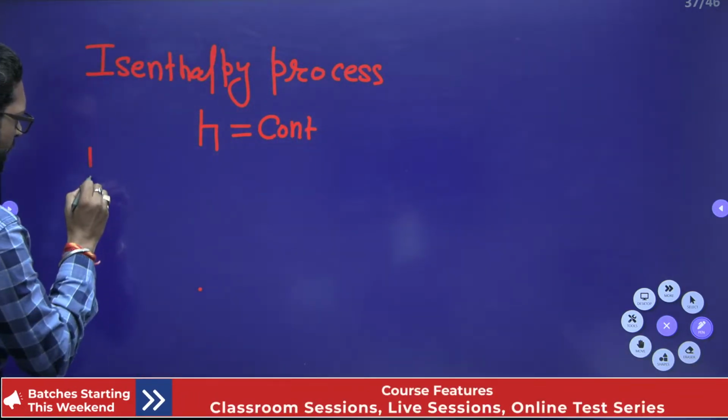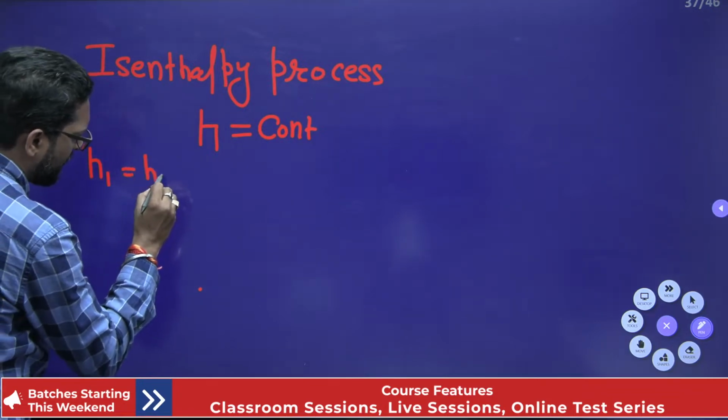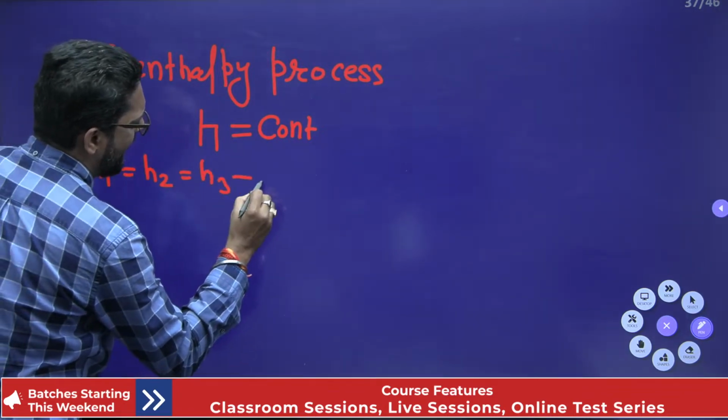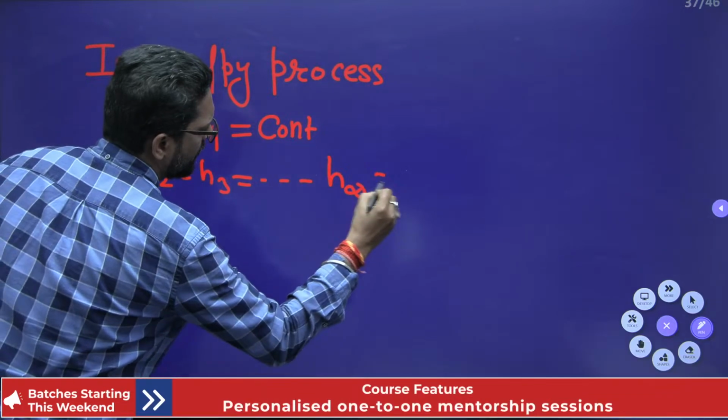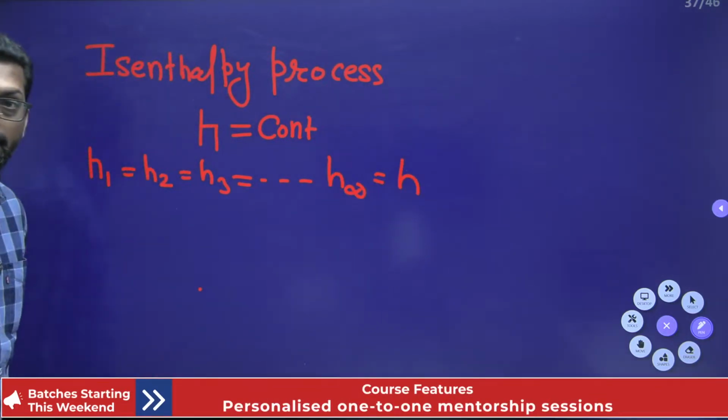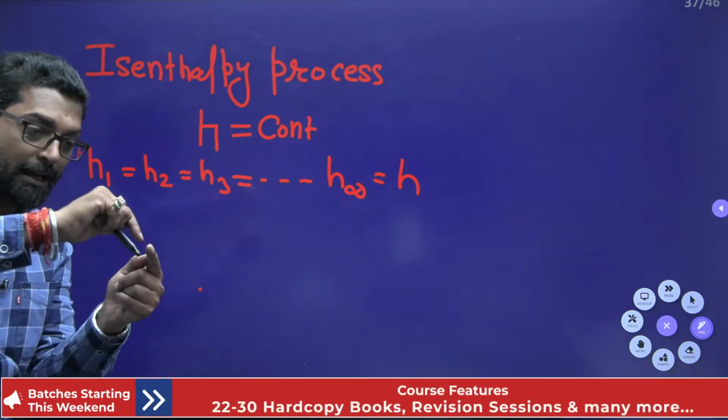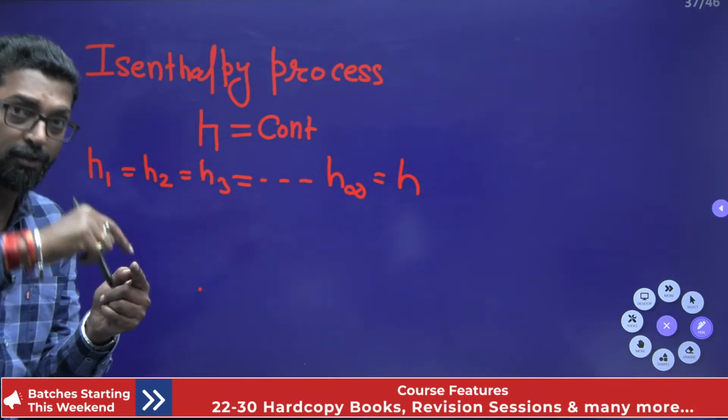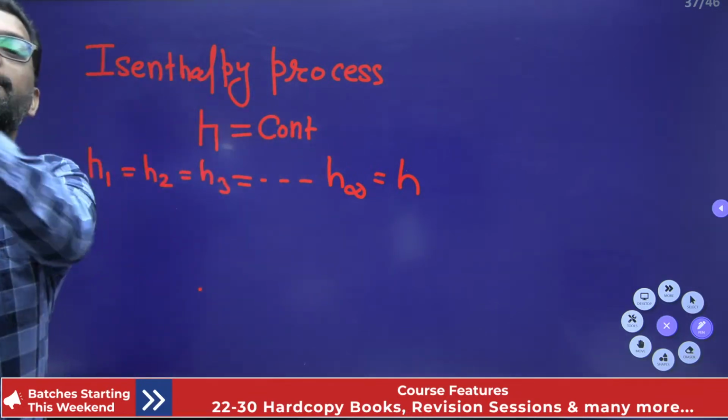That means at state 1, at state 2, at state 3, at an infinite number of states, it is constant. During the process from 1 to 2, the enthalpy is the same.